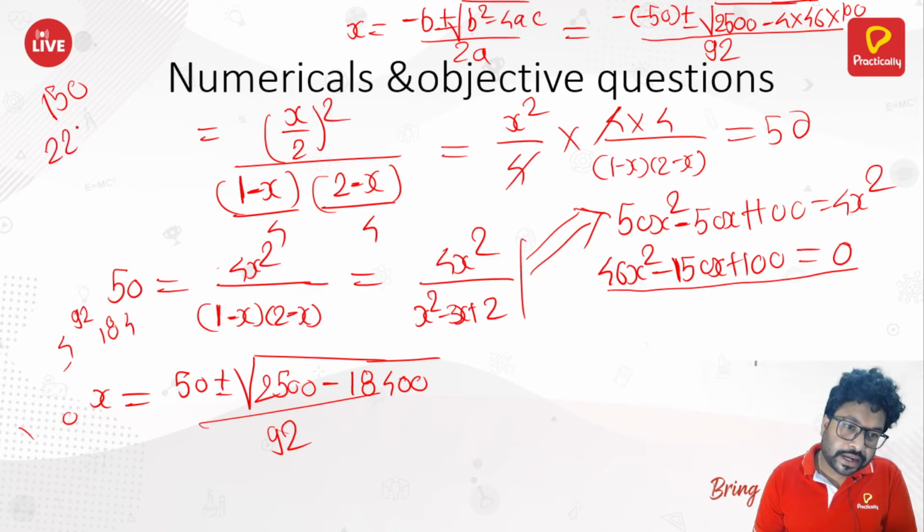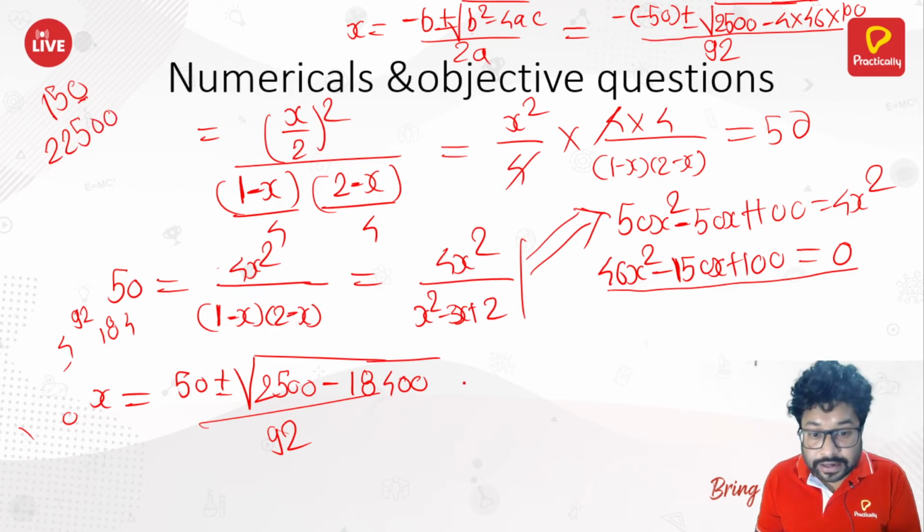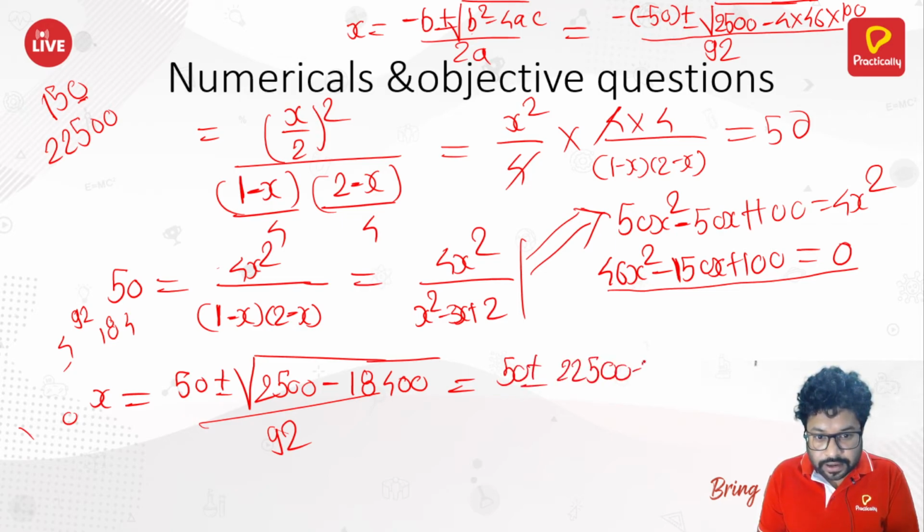And when you are squaring, 10 becomes 00. So it is 22,500. Now it is right. So 50 plus minus the square root of 22,500 minus 18,400, divide by 92.